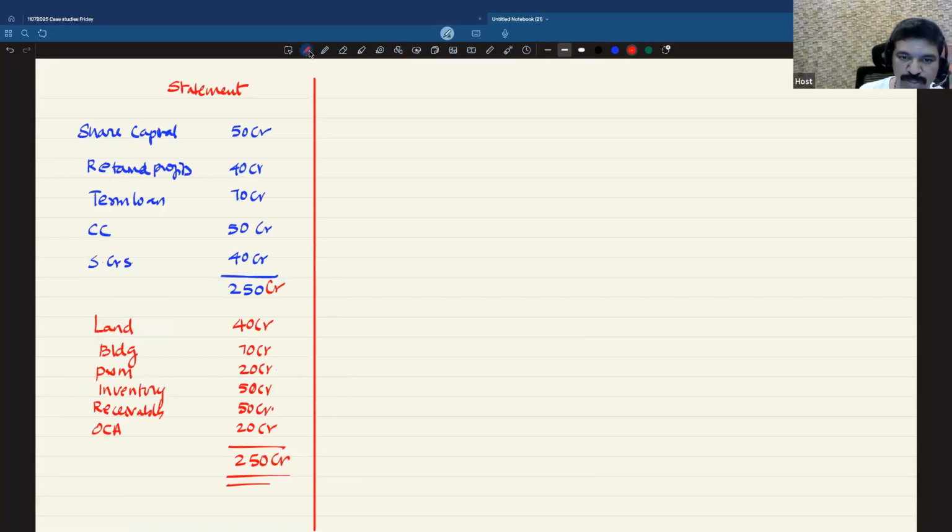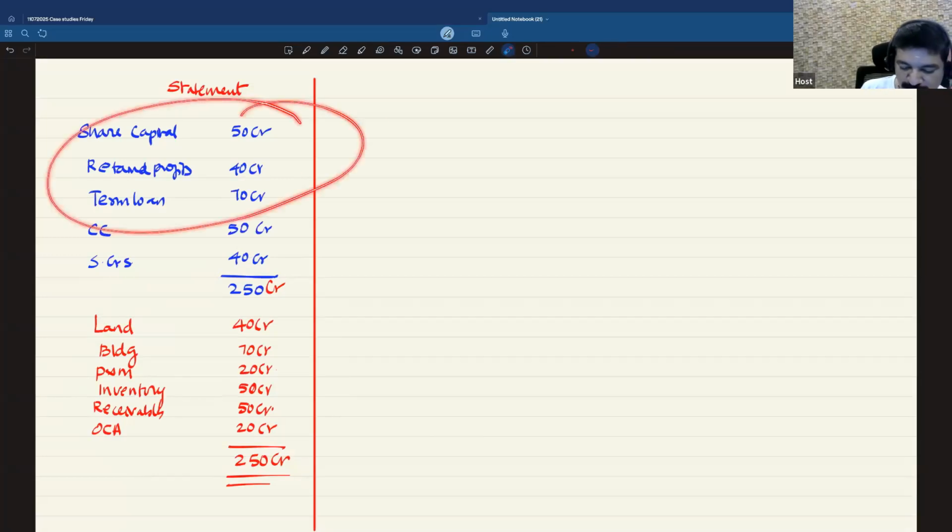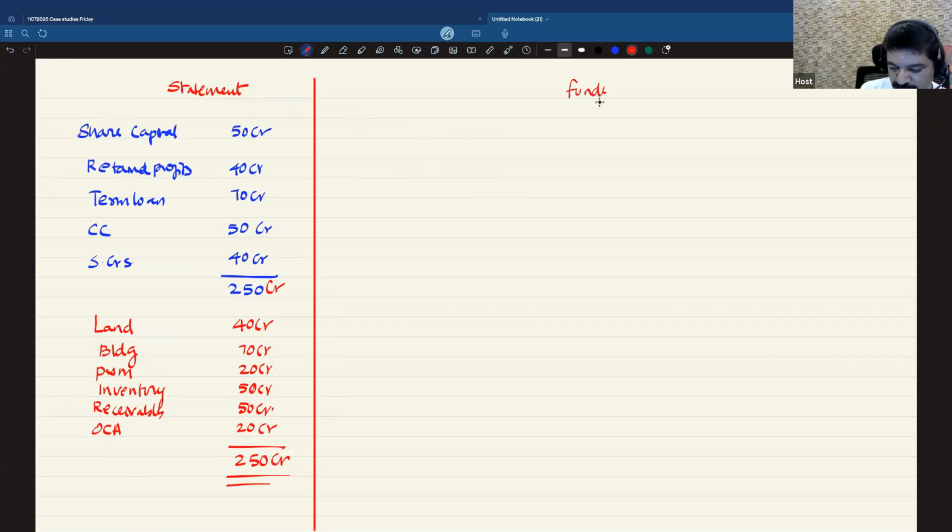So what you have to do is identify the sources of funds based on the timing or duration. You have to identify whether the funds are coming from long-term sources or short-term sources.